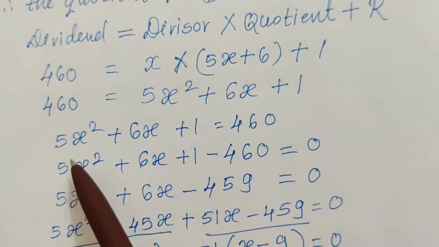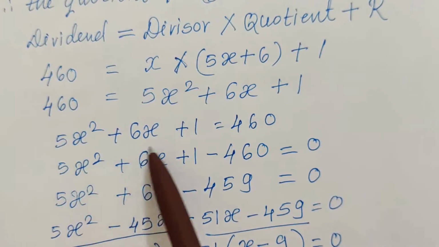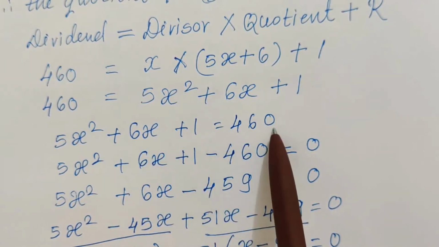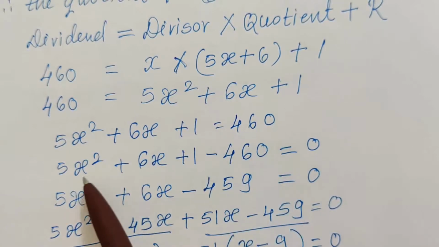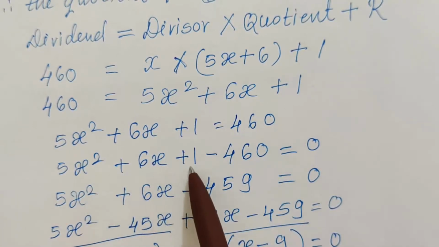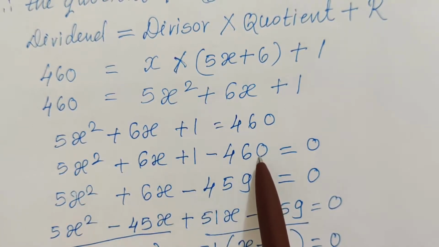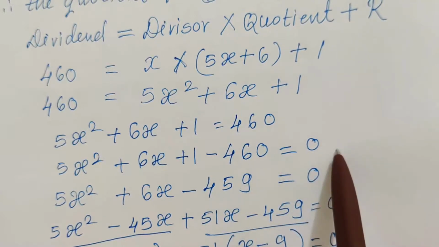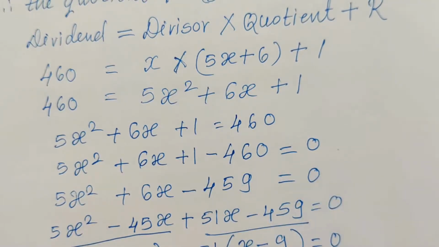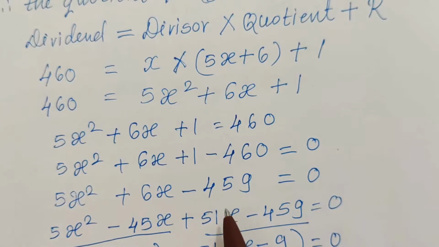And so 5x square plus 6x plus 1 equal to 460. 5x square plus 6x plus 1 minus 460 equal to 0. Now we want the factors of the product, that is 5 multiplied by 459, and the sum should be plus 6.